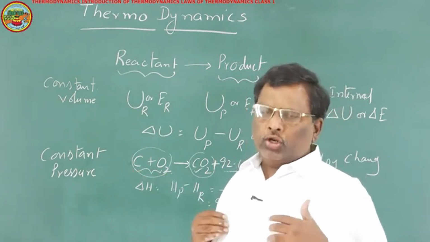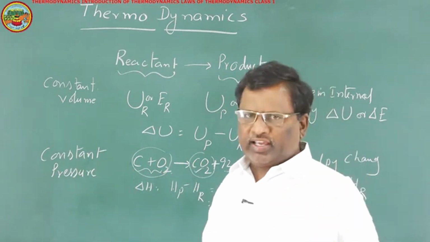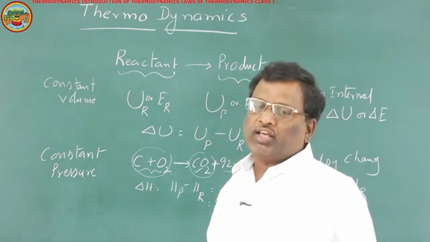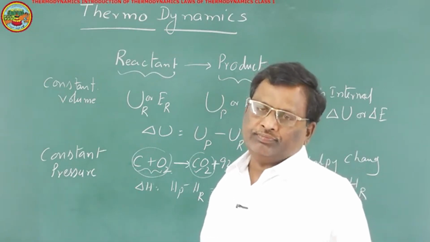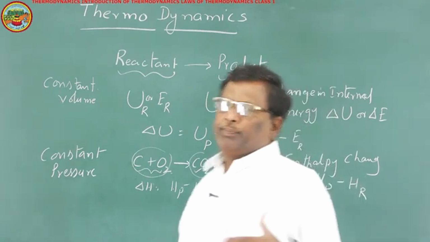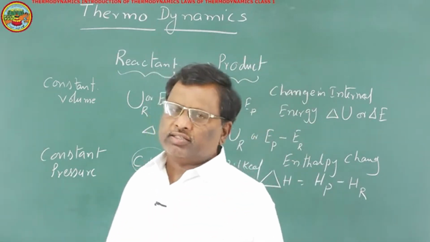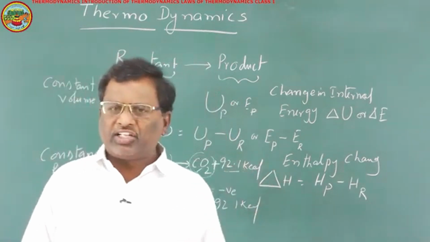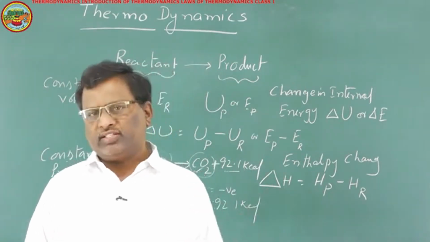But if you want to express it in the form of delta H, you have to use a negative sign for exothermic reactions. Because basing on the temperature changes or energy changes, reactions may be of two types: exothermic reactions and endothermic reactions.